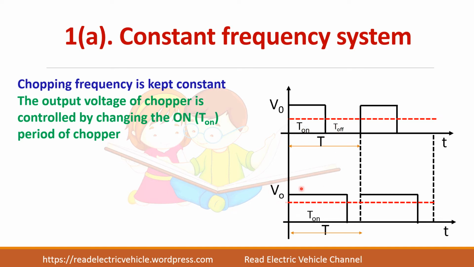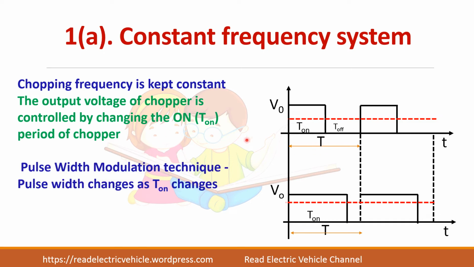In the second waveform also you have on period and off period, and total time period T is there. So in both the cases, total time period T is constant. So the chopping frequency is kept constant here. What we are doing is changing the on time. If you change the on time, off time will also change because T is constant.